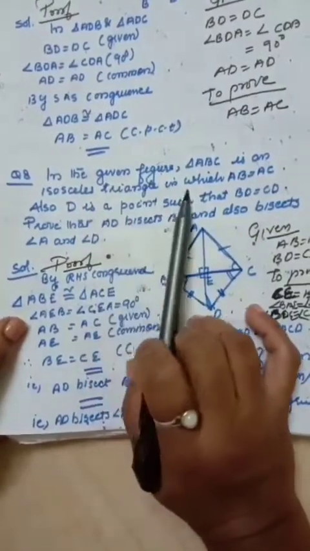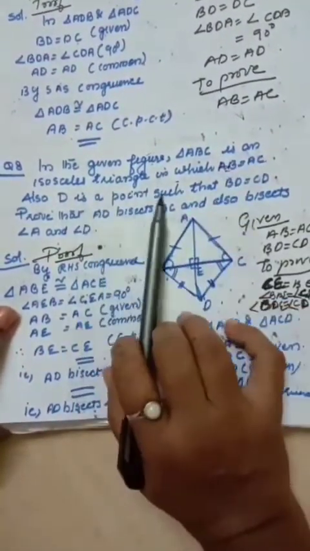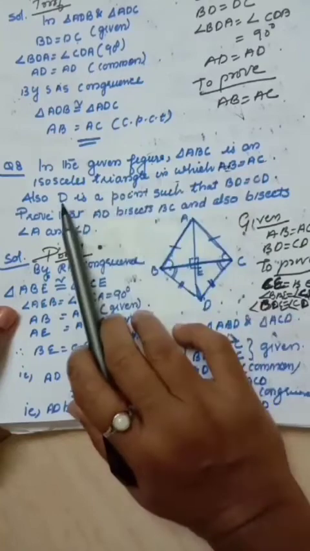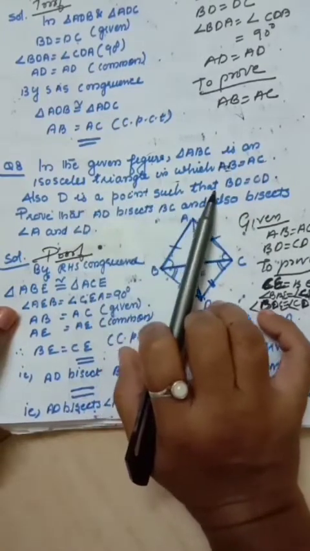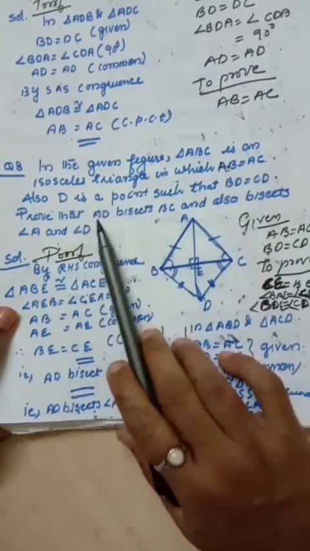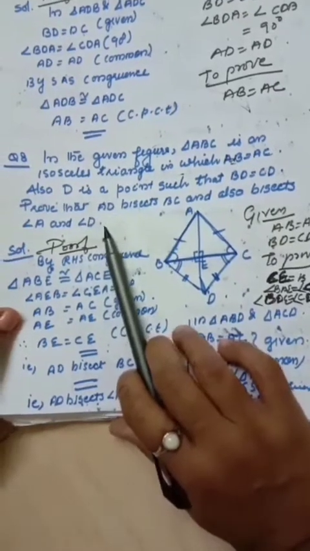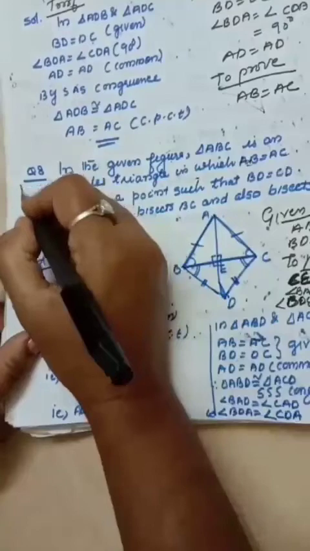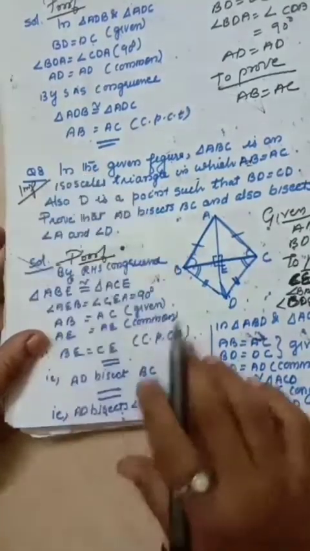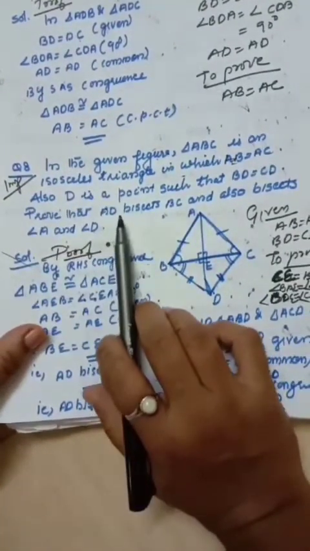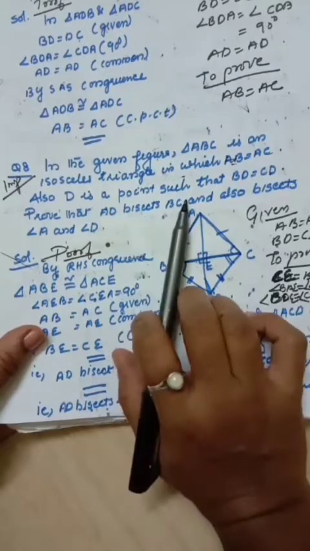Next question, in the given figure, triangle ABC is an isosceles triangle in which AB equal to AC. Also D is a point such that BD equal to CD. Prove that AD bisects BC and also bisects angle A and angle D. This one question is very important. You have to understand the meaning of the sentence.